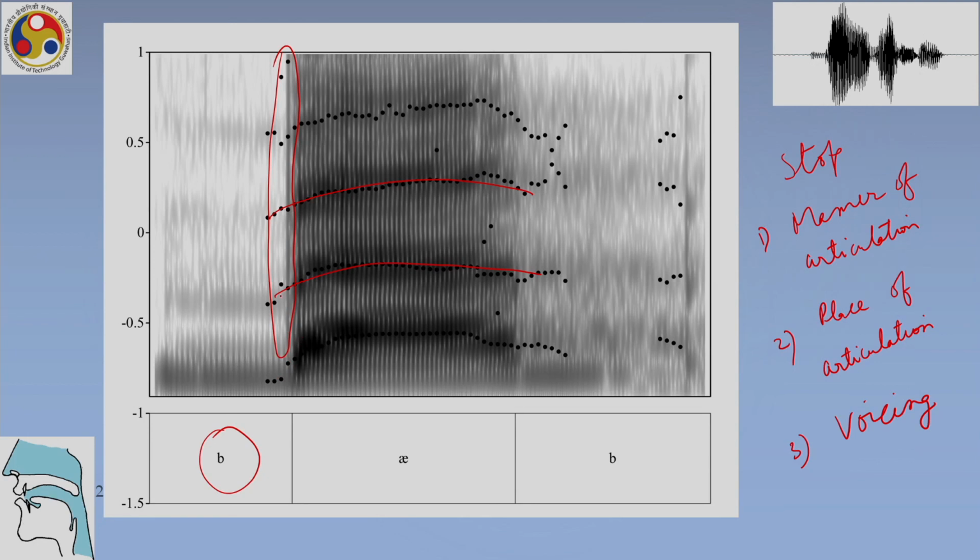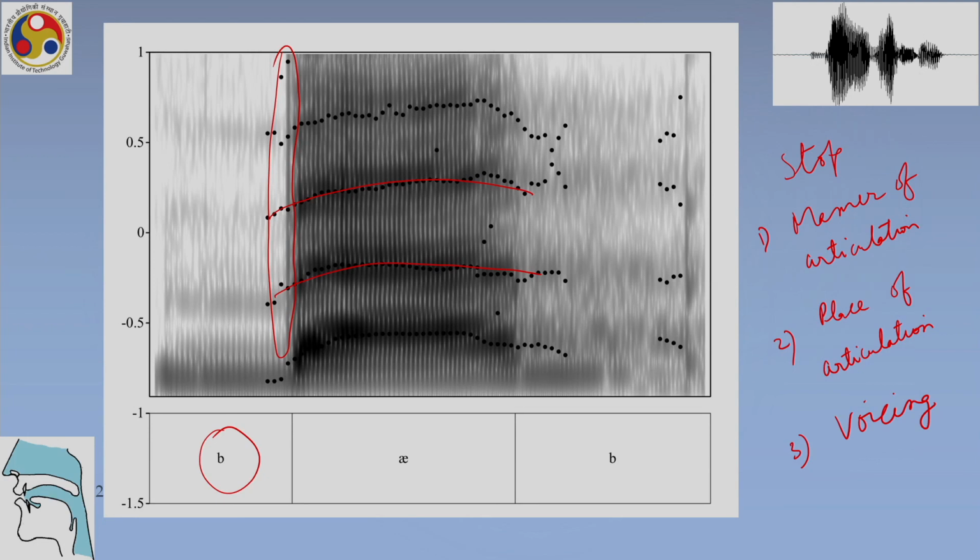As we just saw, the burst will be different depending on the consonant type. So, voiceless aspirated will have the strongest burst, followed by voiceless stop, followed by a voiced stop. The release burst that you see here is not the strongest when it comes to stops, but you still see a very distinct release burst.